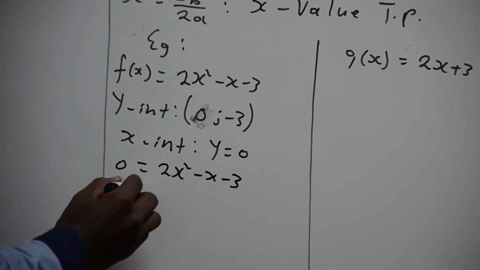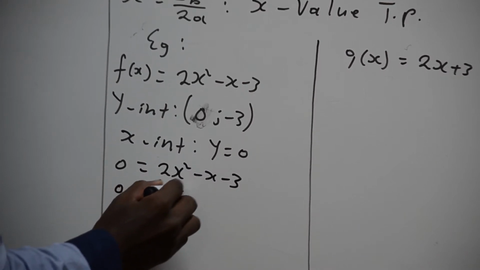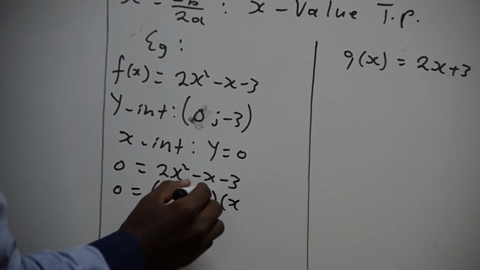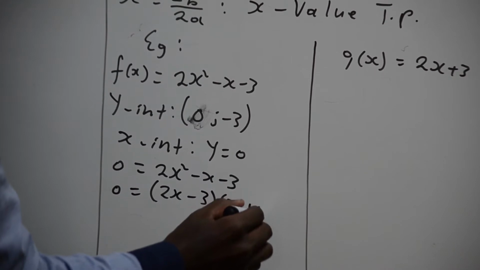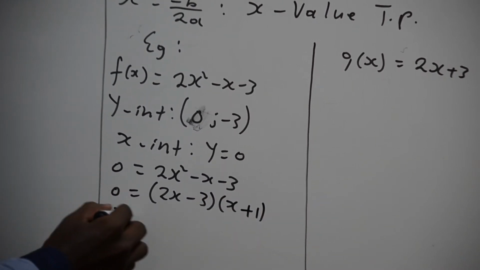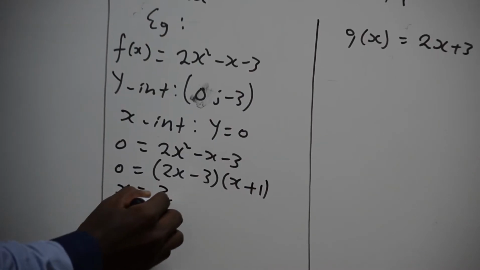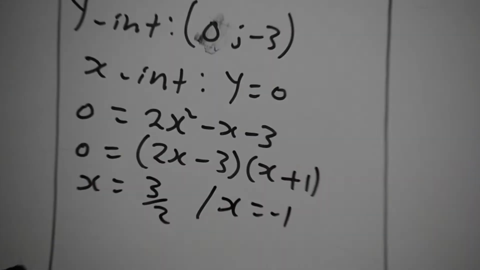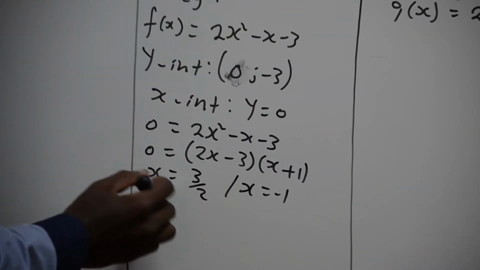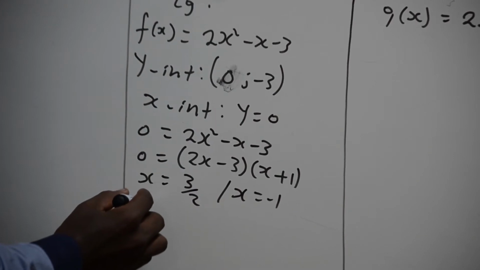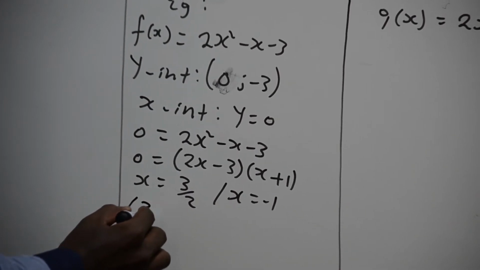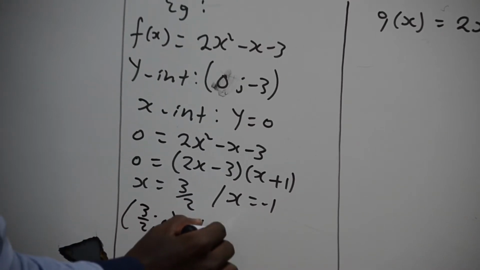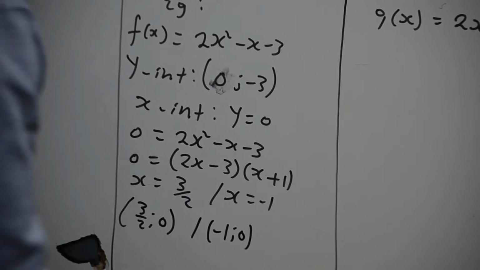So apa according ngako uzoyenza, then you factorize, so you have (2x minus 3)(x plus 1), then your x becomes 3 over 2, or x wakho alingane na minus 1. So now the x intercepts: 3 over 2 is to 0, and then minus 1 is to 0.